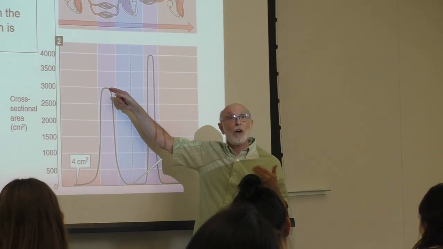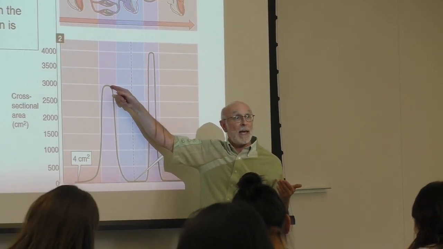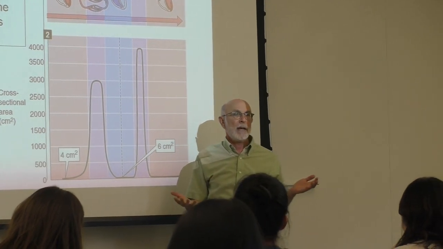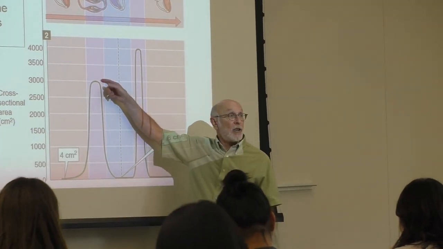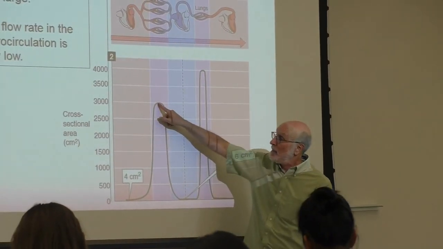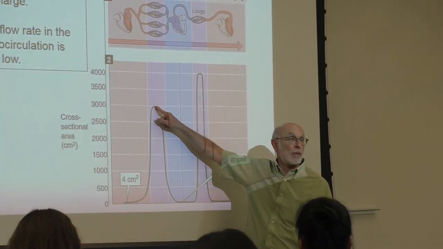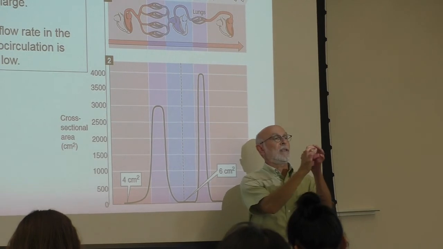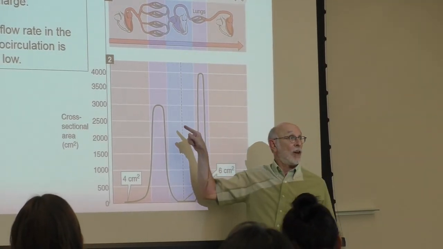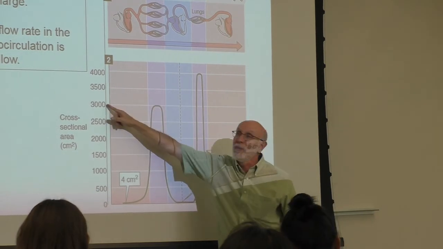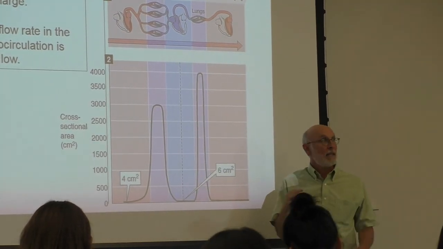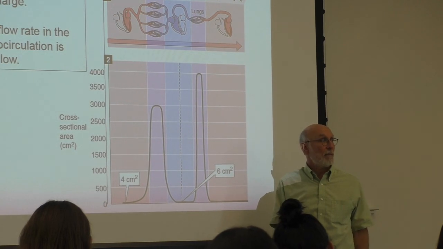Because there's so many of them, billions probably, the total cross-sectional area of a capillary bed is 3,000 square centimeters compared to 4 square centimeters for the aorta itself. You need to know that number or something about it for the problem set. You'll use this concept in the problem set.